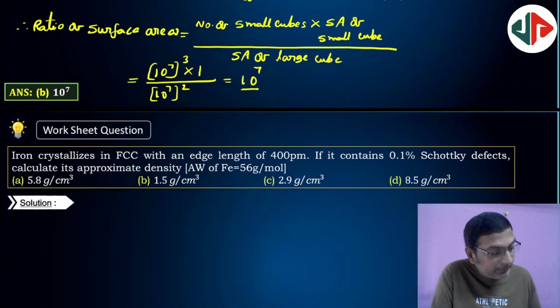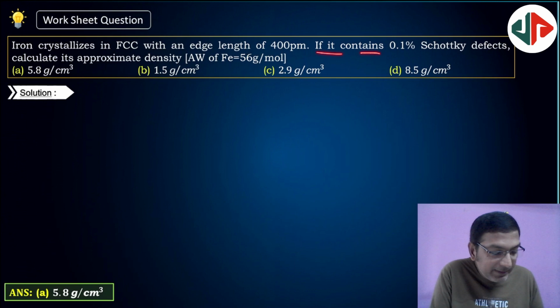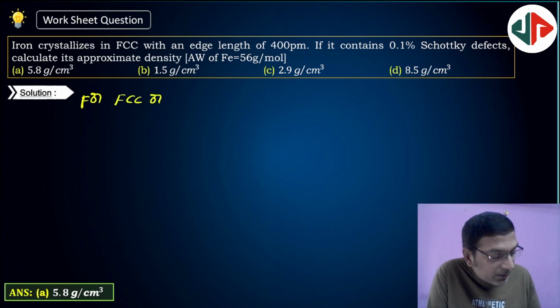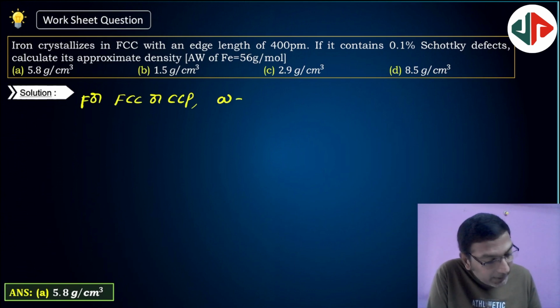Next. Iron crystallizes in FCC with edge length 400 picometers if it contains 0.1% Schottky defects. Calculate approximate density. Atomic weight is given 56. So next, for FCC is also known as CCP structure. So here edge length is given, edge length A 400 picometers.